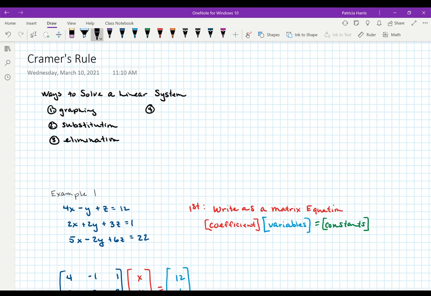And then this year we learned about matrix equations using the inverse matrix. And now today we're going to learn something called Cramer's rule, which uses the determinant.